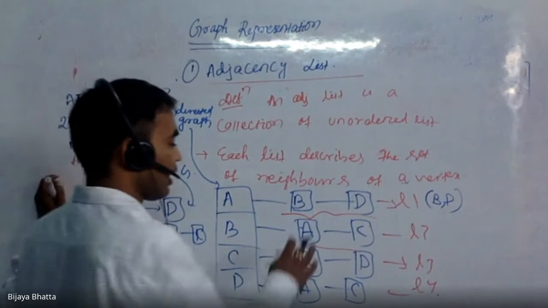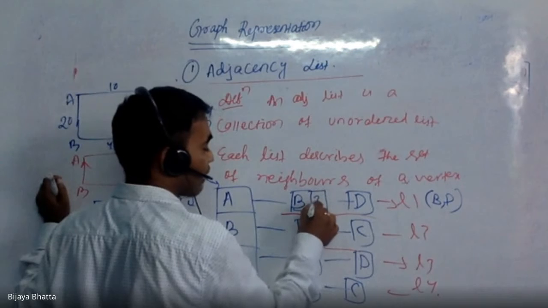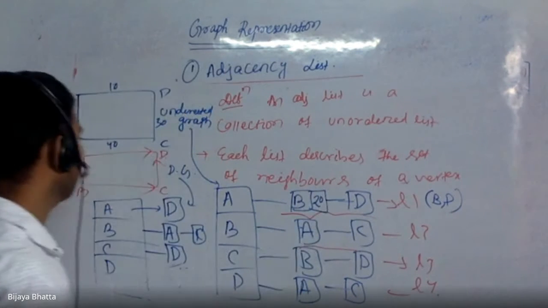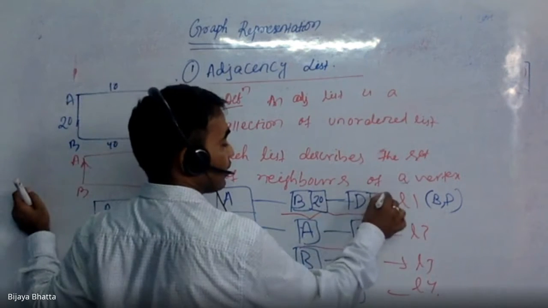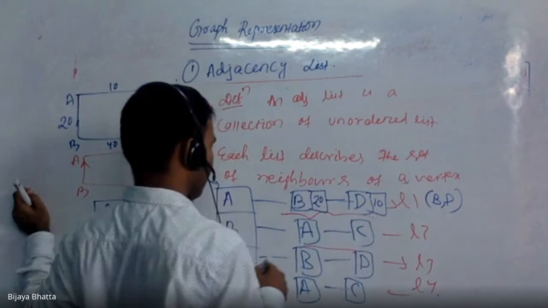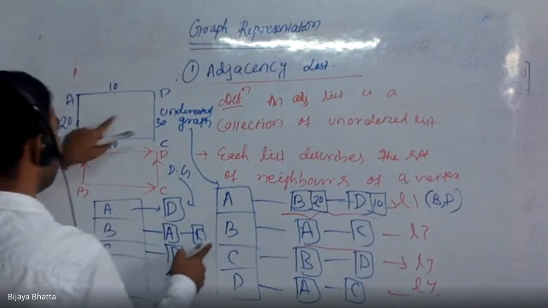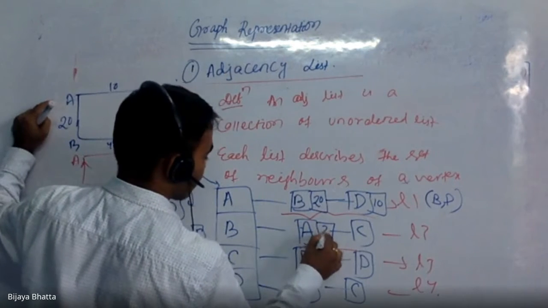That means I must create my linked list in such a manner that it has a data part, 20, right? So that's how it will work. D is containing 10, so I'll put 10 here. Then B is going to A with 20.